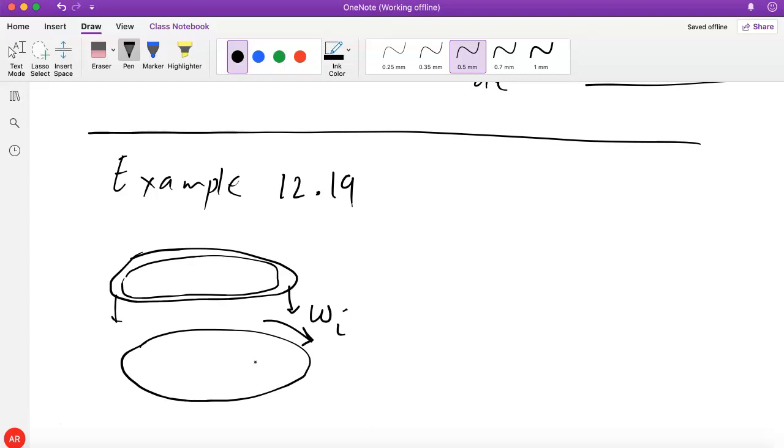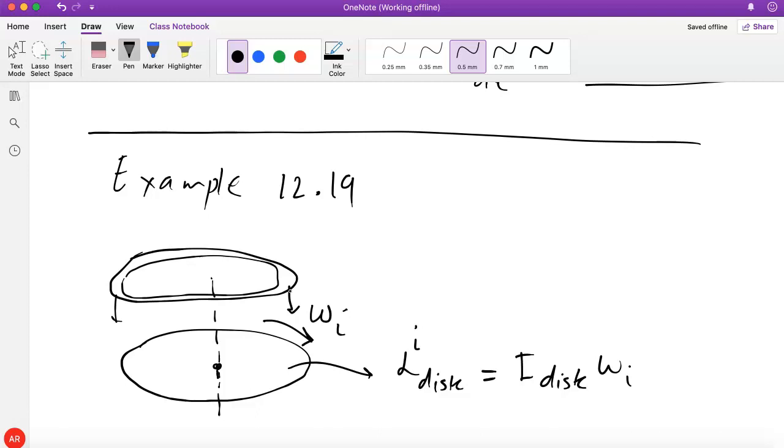So what is the angular momentum of the disk? Well, L disk is I disk, the moment of inertia of the disk around its center, right? It's rotating around an axis going through the center, times omega I. That's the initial angular momentum of the disk. What about the ring? It has velocities that go down, right?